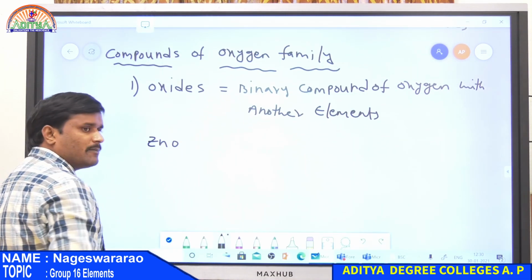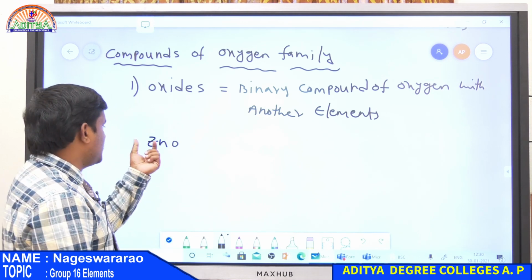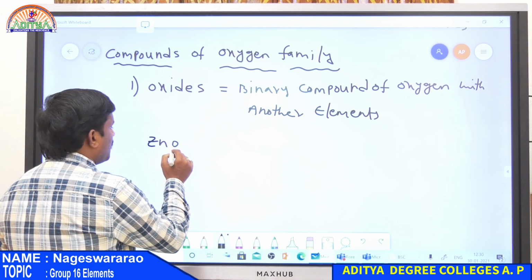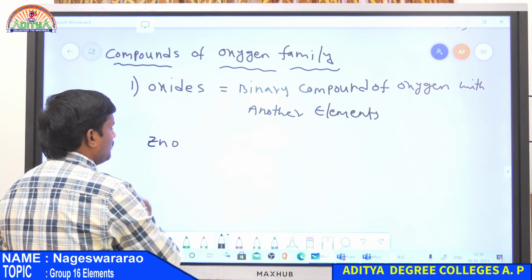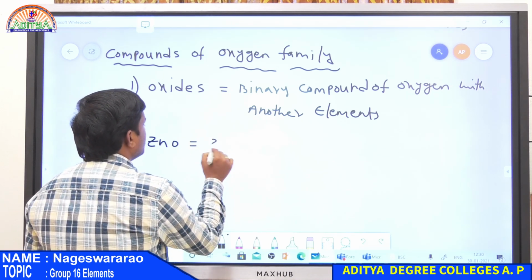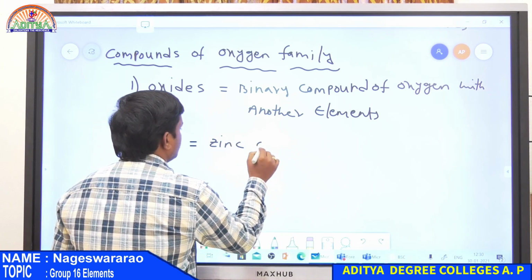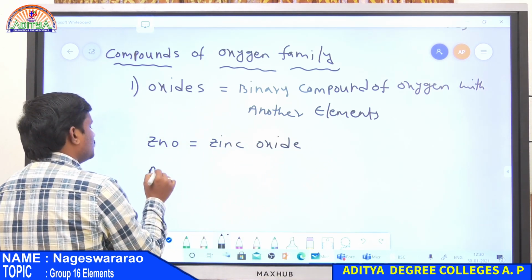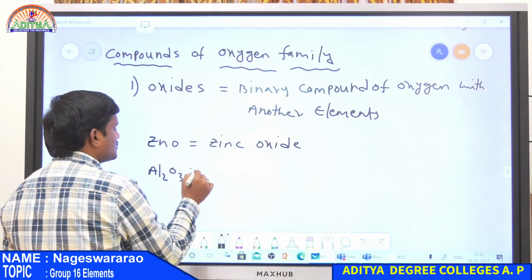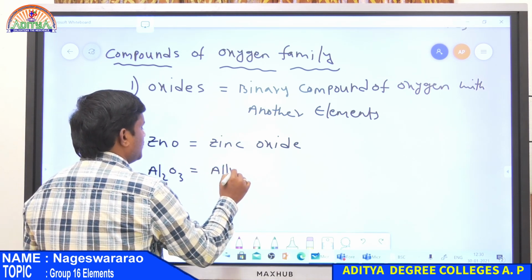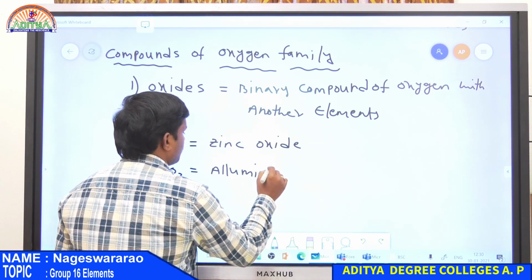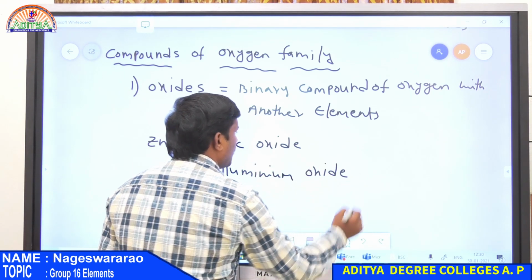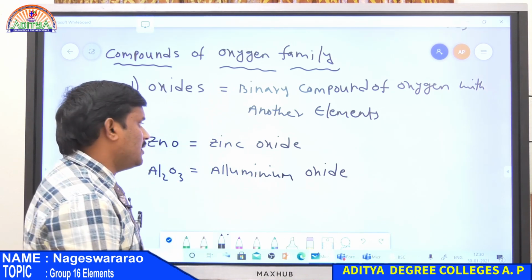This is a binary compound containing zinc as well as oxygen, therefore it is zinc oxide. And Al2O3 is aluminum oxide. So these are binary compounds of oxygen with other elements.